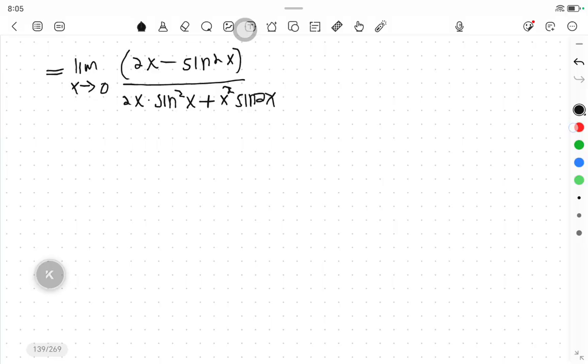Now we check the form again. Remember, we just simplified it, we changed to this, we check the form if it's still in L'Hopital rule or not. When I substitute on the numerator, I get 0, denominator also gets 0 here. So it's still in L'Hopital rule form.